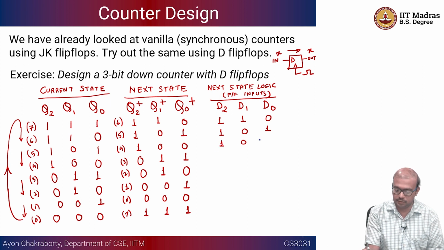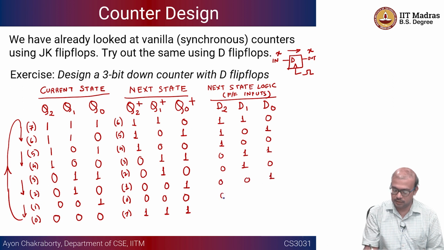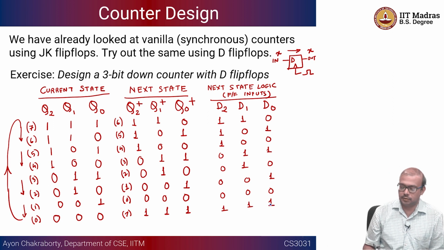So 1 0 0, 0 1 1, 0 1 0, 0 0 1, 0 0 0 and 1 1 1. Okay. So if we want to design this particular circuit, the next thing that we have to do is the next state logic, right? According to these inputs, but this has to be designed.